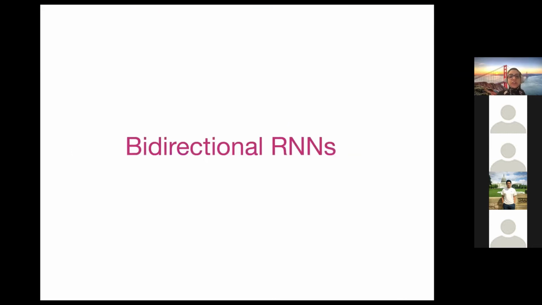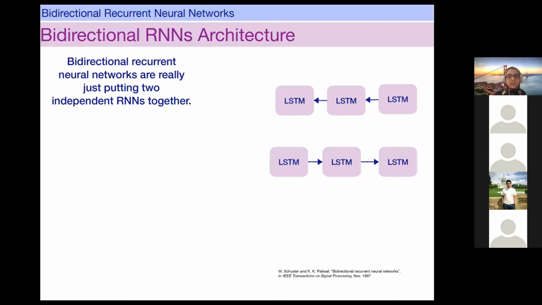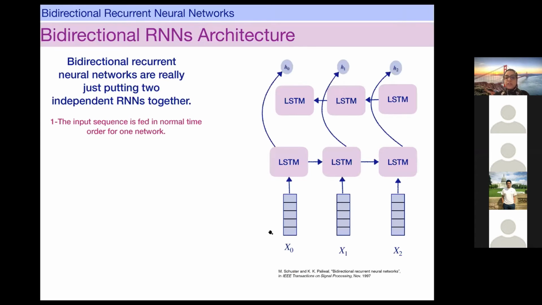People started thinking about the bidirectional RNN. By bidirectional RNN, it can be any type of recurrent cells. So what's a bidirectional RNN? It's basically just 2 RNNs stacked on top of each other. The first one is what we had previously, where we give an LSTM the inputs and we produce a hidden state.